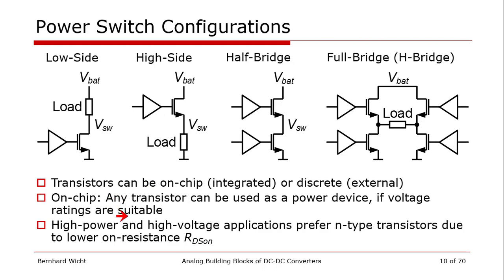In general, as long as the voltage ratings are fulfilled, any transistor can be a power switch. For high voltage and high power applications, usually N-type transistors are preferred, as shown here in these examples, because we get simply a lower R_on and lower area for an N-type device.